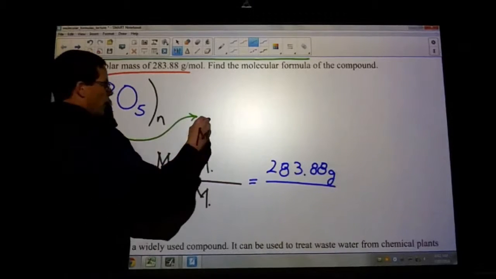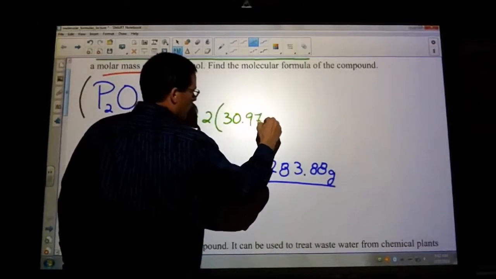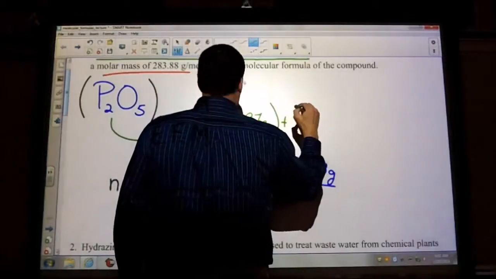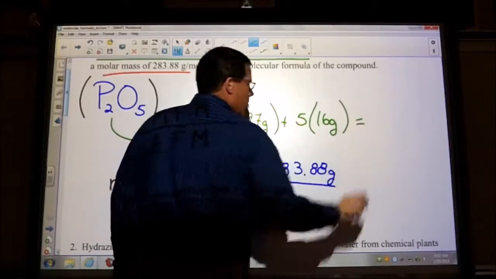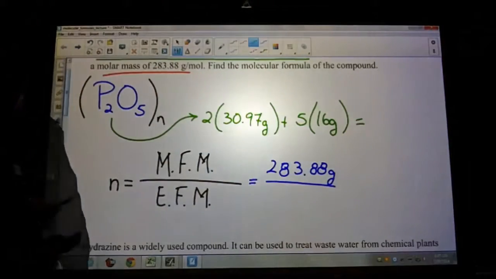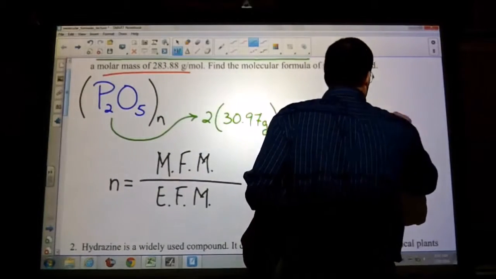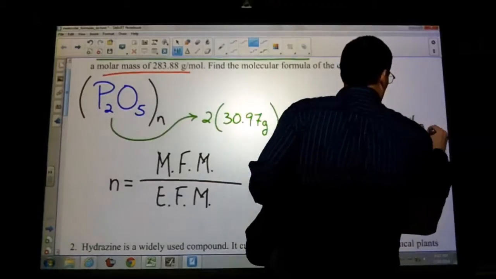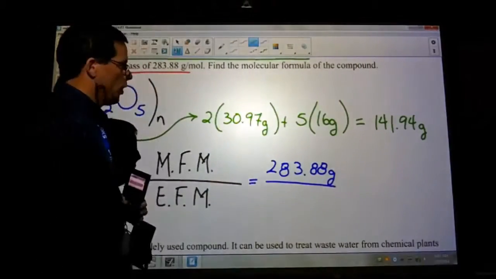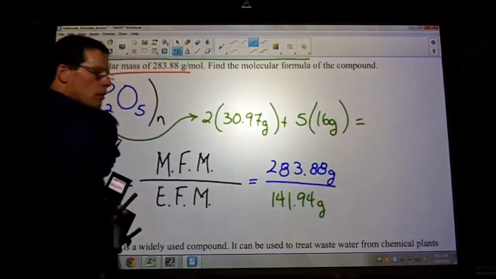So we have how many phosphorus? 2, which is 30.97. Plus we have 5 oxygens. And all of that weighs something, 141.94. Okay, so we'll take that empirical formula mass and put it right down there.